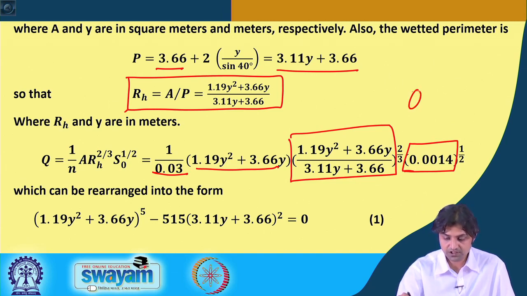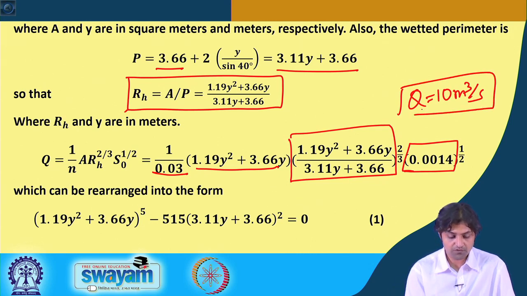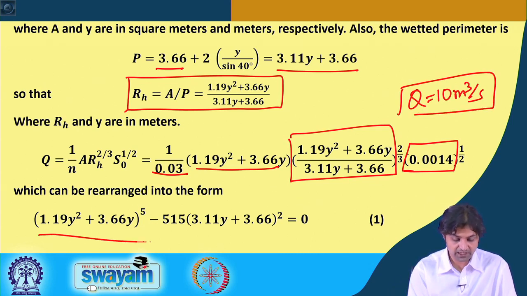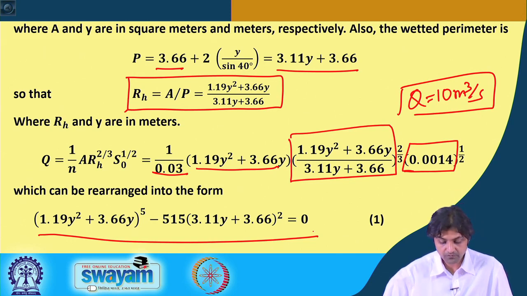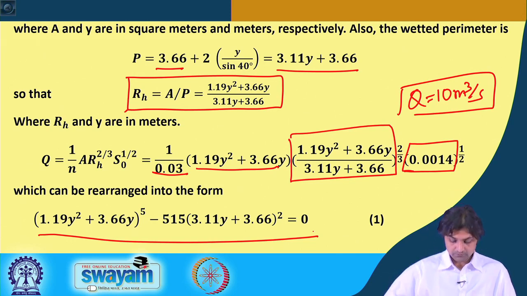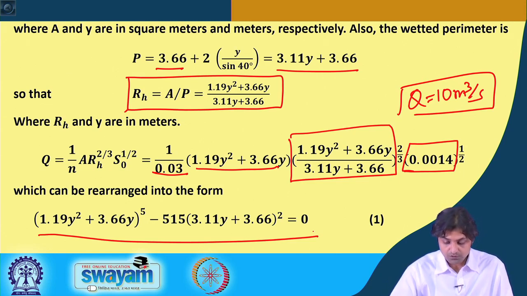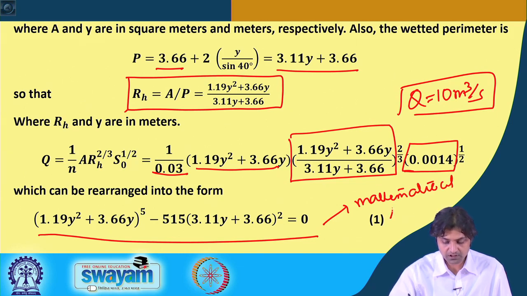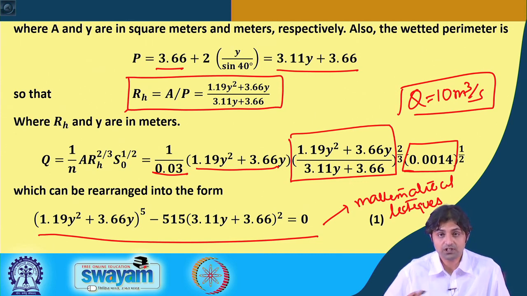That is Q equal to 10. It is a complex calculation, but if you solve using this, you will get an equation like this. So, you can use mathematical techniques. This is not a question that will be given to you in an exam or test, but this is just to demonstrate how things can be found out.